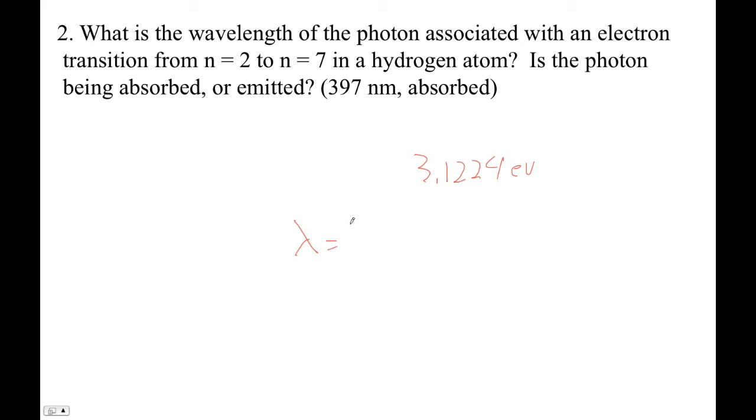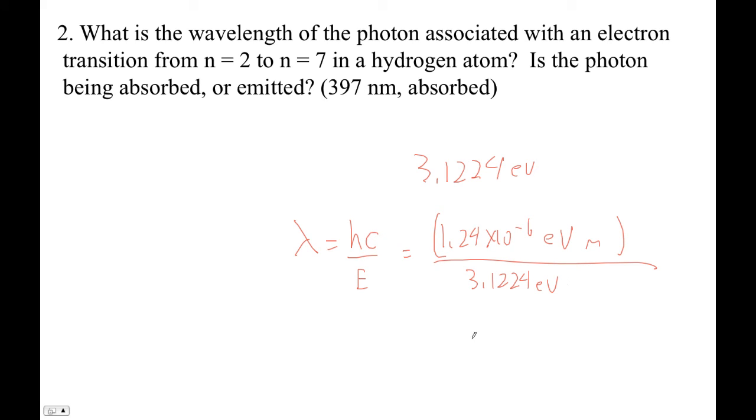So wavelength is hc over E. I'm going to use 1.24 times 10 to the minus 6, which I just saw in the data packet, and this is electron volt meters. Then divide by the 3.122.